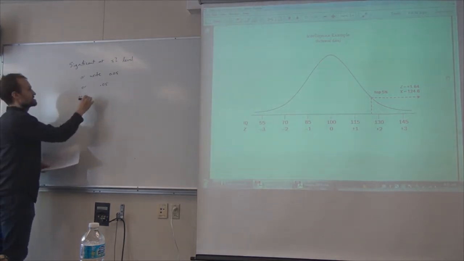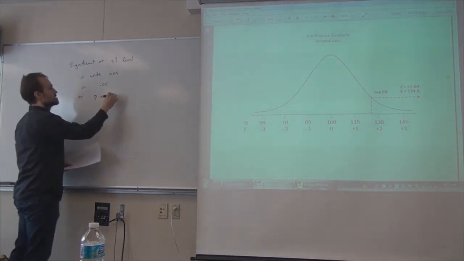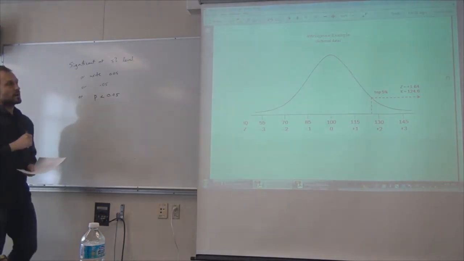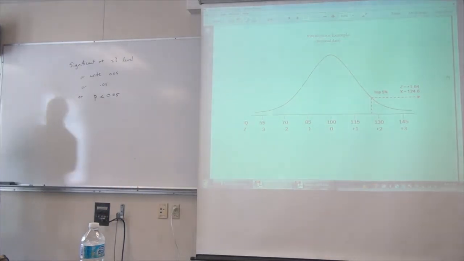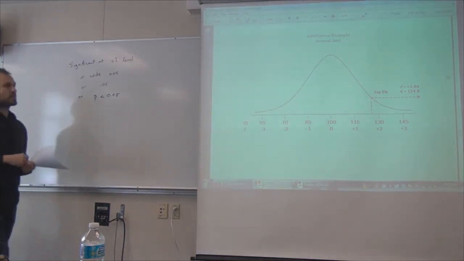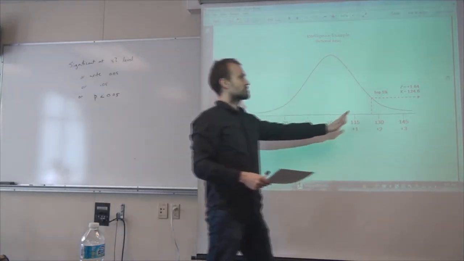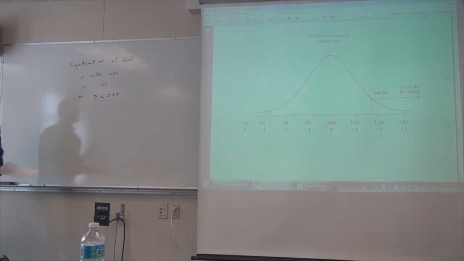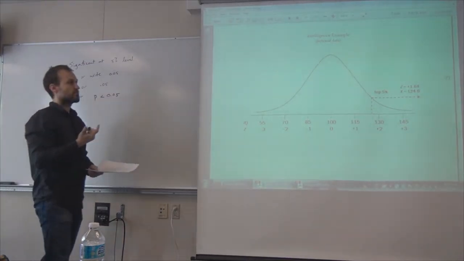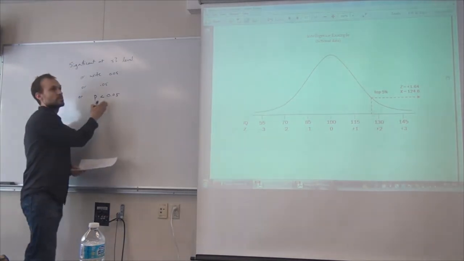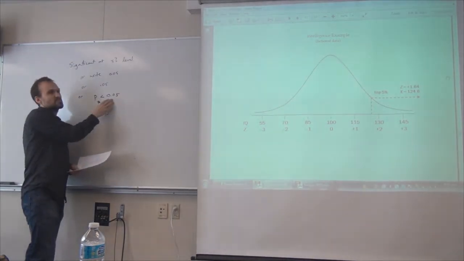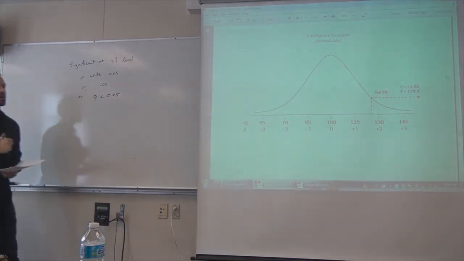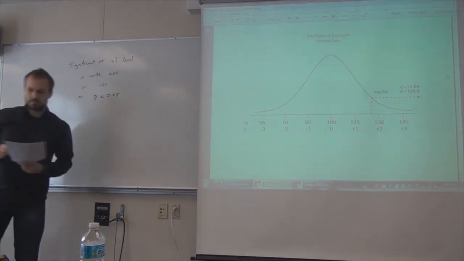Sometimes they write it as p less than 0.05, p being the probability of choosing a random person from the population that falls in this region. And sometimes if I do a statistical test, the software can give me a lower value, showing that yes, this was my cutoff, but actually I can do even better, and I have stronger evidence than what I initially was happy with.